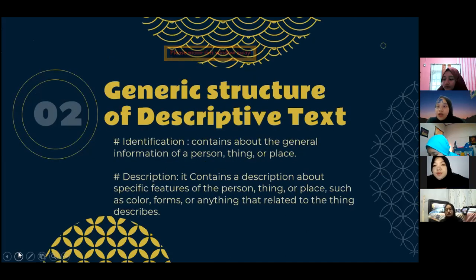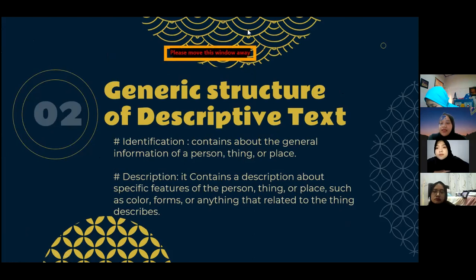As we look at the two examples that I gave you before, there are two specific pieces of information that you can find about the structure. The first is the identification. In identification, it contains the general information of the person, things, or place, or the animals that we talk about.